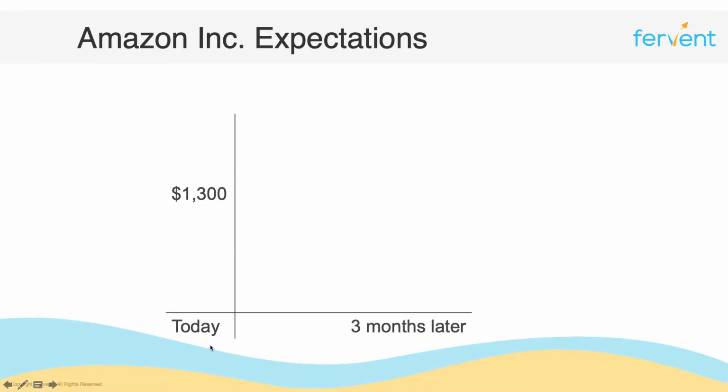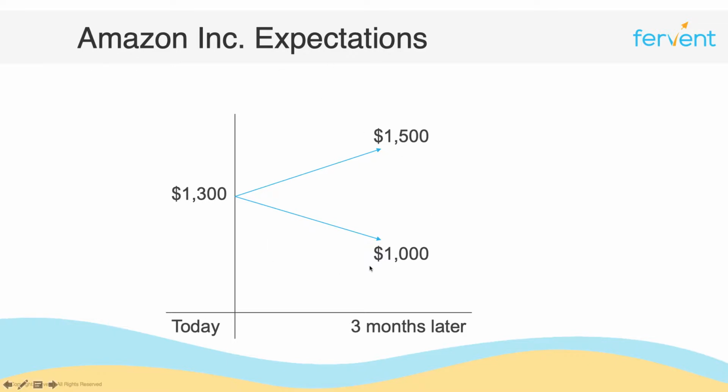We're here today where the price of Amazon is $1,300, and then 3 months later the price could either go up to $1,500 or it could go down to $1,000. And the difference in the price, so here we're going from $1,300 down to $1,000, which is $300 difference, and here we're going up to $1,500, but that's only a $200 difference. So what we're saying is the expected decrease of the price is greater than the expected increase of the price.